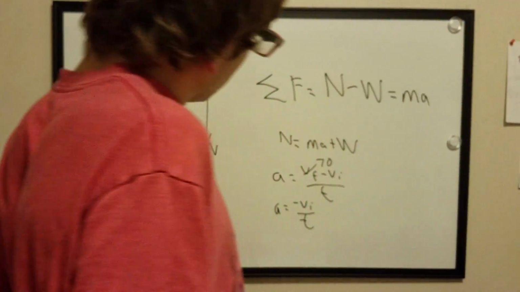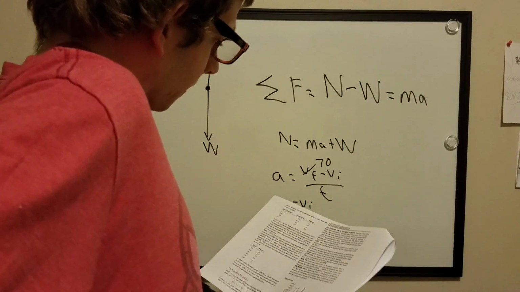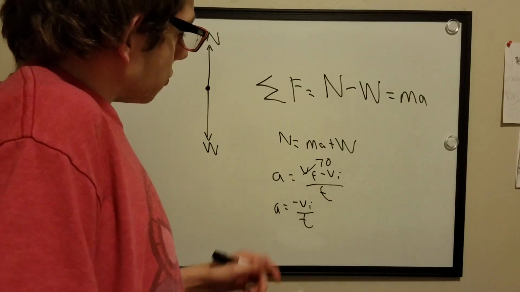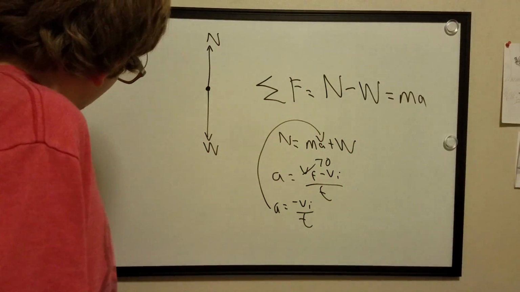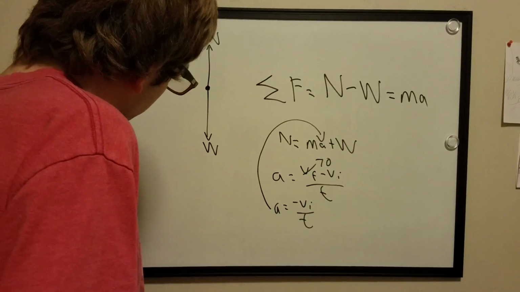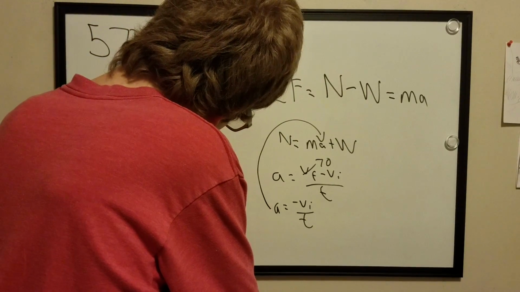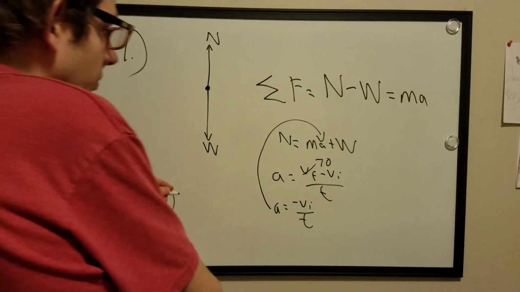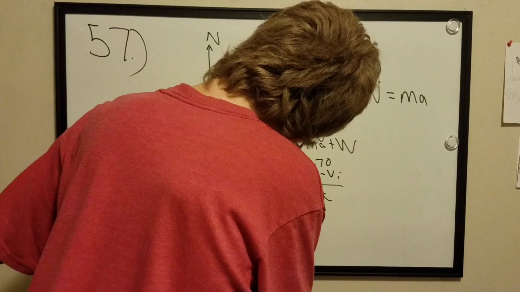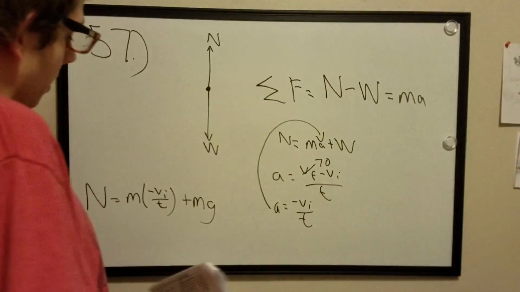And that'll give us the acceleration that we need. So then if we were to plug that into this equation, we would have N equals M times negative vi over t plus the weight, which is just the mass of the dancer's head times acceleration due to gravity.